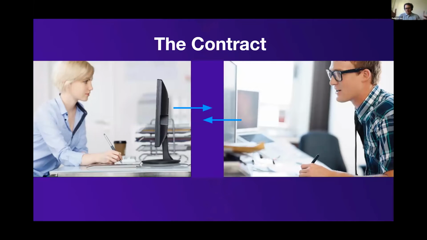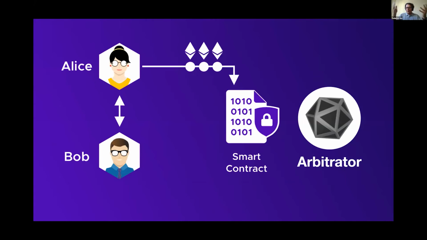So, for example, this woman makes an agreement with a website developer for building a website, and the guy delivers a product, and she's not happy with the product, and there's a dispute. To avoid this type of situation, she makes an agreement through a smart contract with him, and she sends the funds for the payment of his work with a smart contract, which holds the funds as escrow.